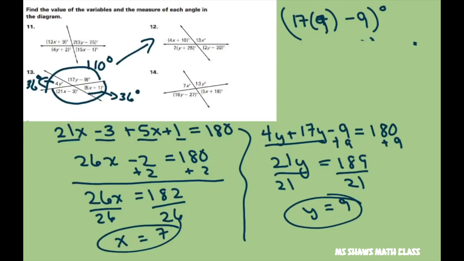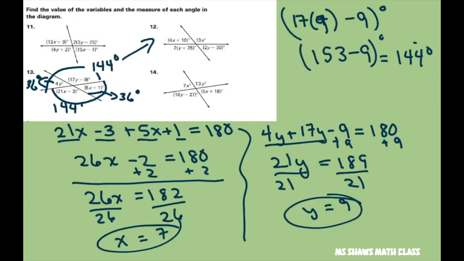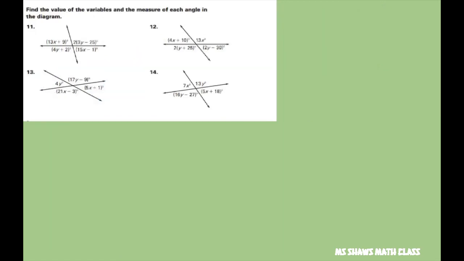I knew something was a little wrong. So 17 times 9 is 153. Minus 9 gives you 144. That makes more sense. All right, so this is 144 degrees. So this one must be 144 degrees as well. And all of that equals 360.